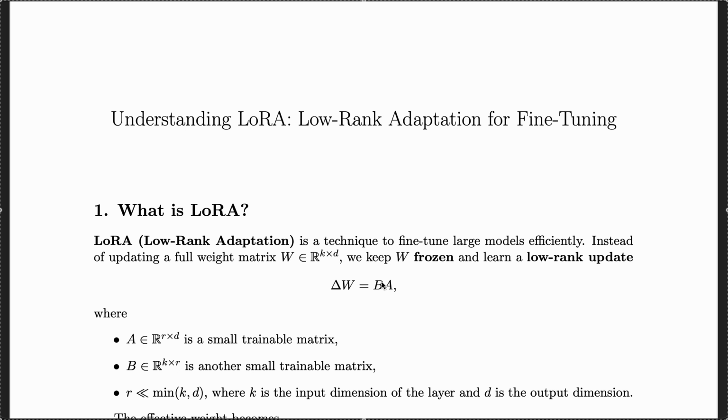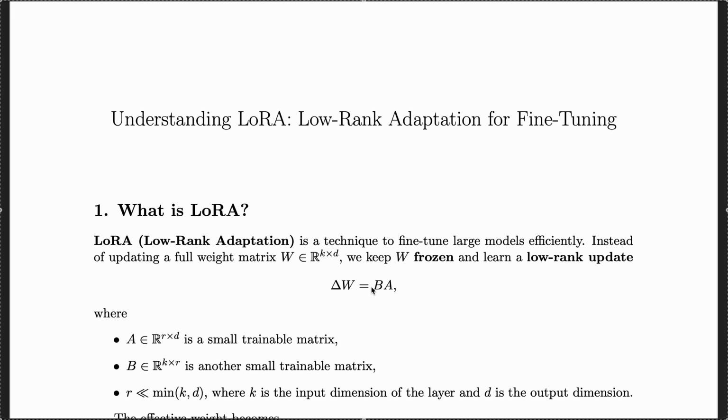That way, we can essentially update the entire frozen W, which is a massive matrix with millions of weights. We can update it, but we don't update it by calculating the gradients for all the values inside of it.